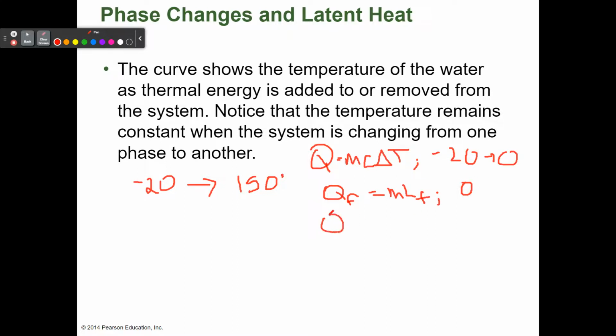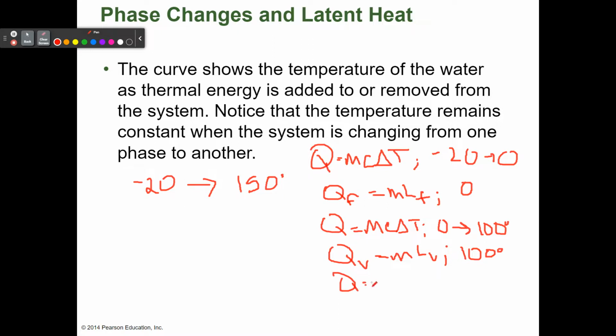Then you would have Q again, mc delta T, that's going to go from the 0 up to the 100, and then you would have Q vaporization, which is mL_V at the 100, and then you would have another Q equals mc delta T for the 100 up to 150.